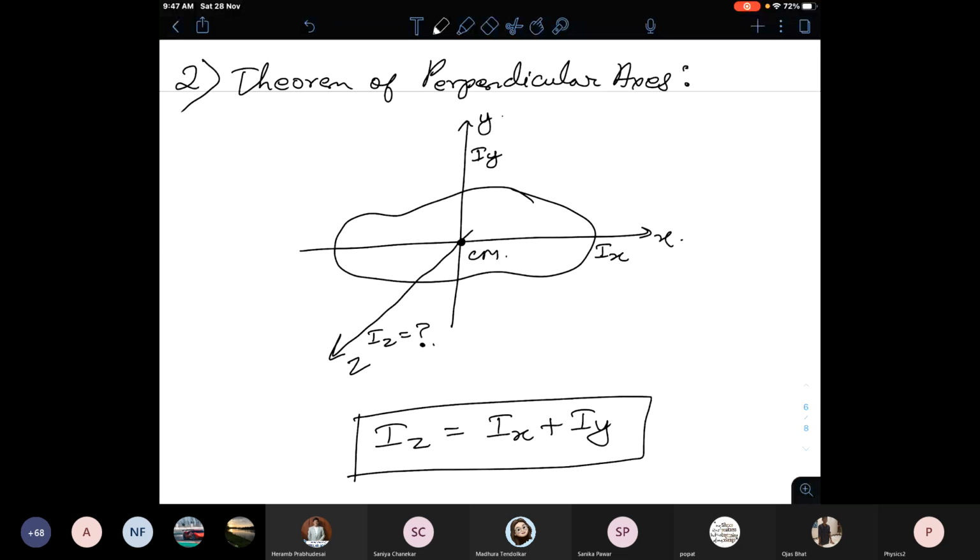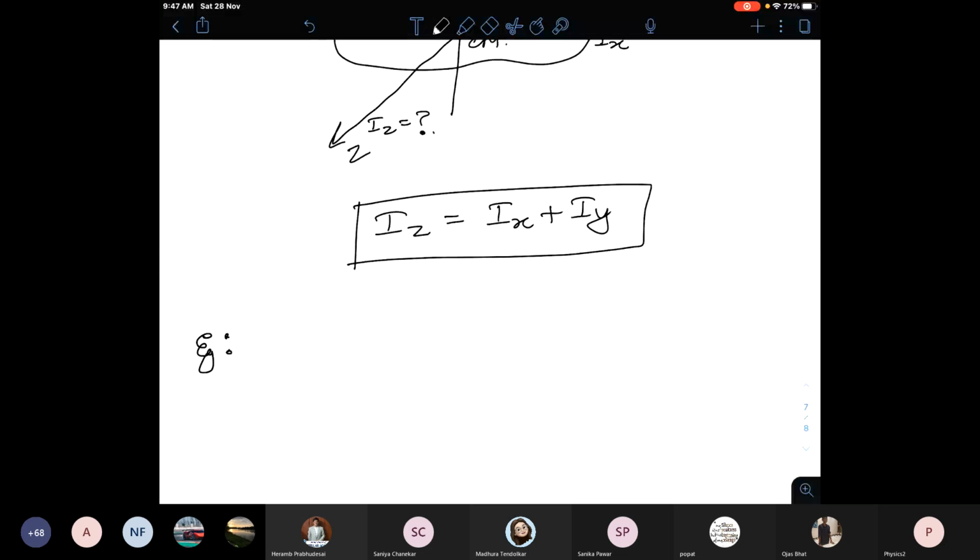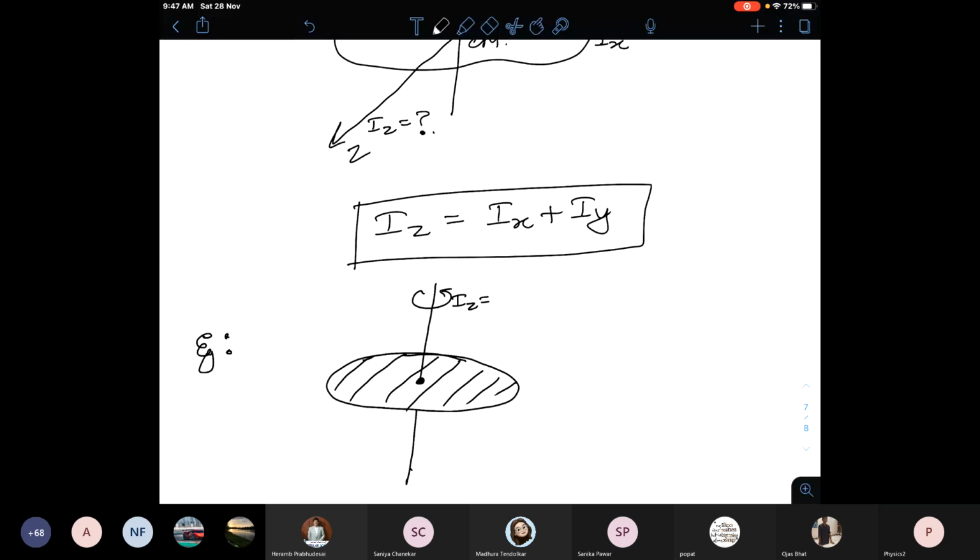We can see that in an example. Suppose you had a disk. We have already calculated it for the disk, but still let's see the moment of inertia about this axis, this is the z axis suppose.